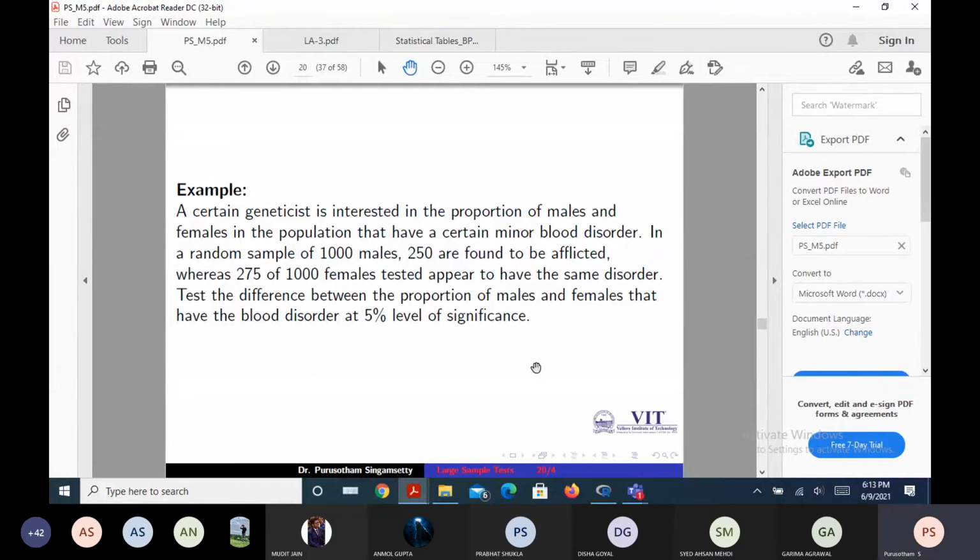Each sample contains how many males and females? The first sample contains 1,000 males and the second sample contains 1,000 females, right?